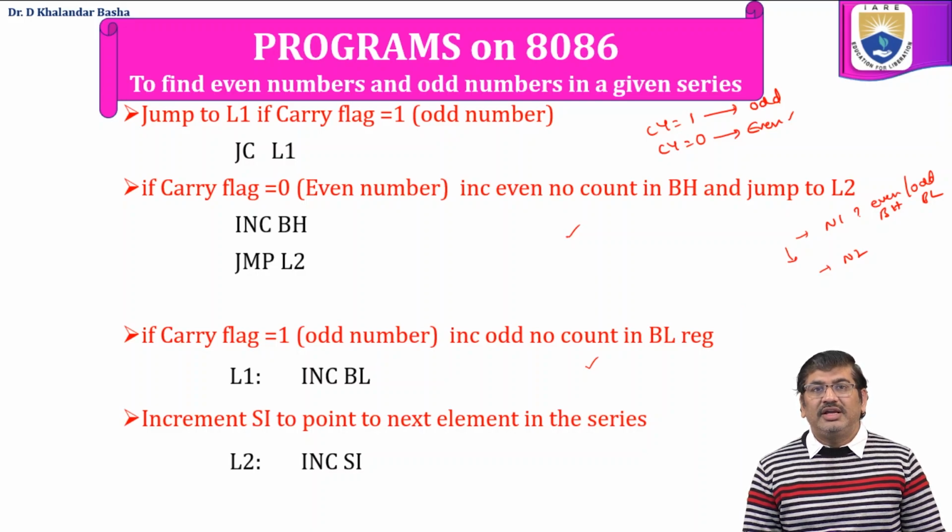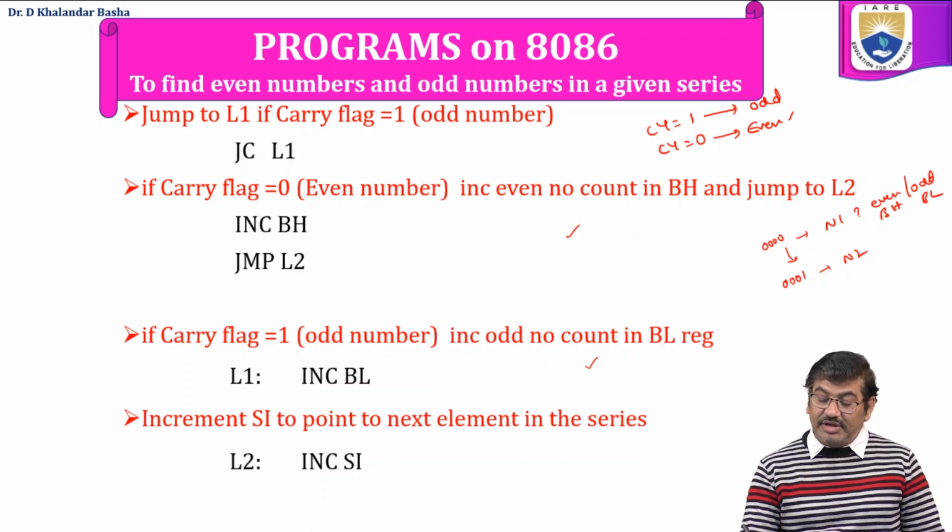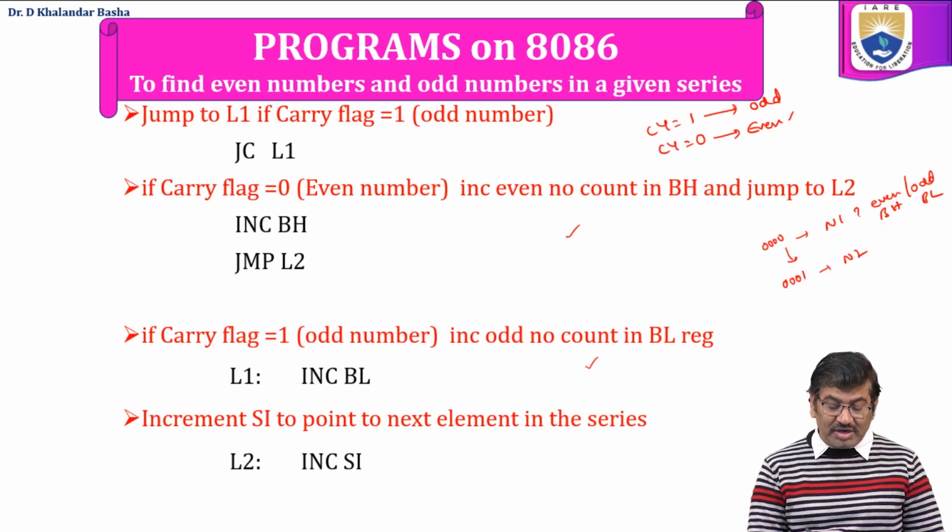Why we are incrementing is because the address for N1 is 000 and the size of data we are considering is only 8 bits. So one memory location is reserved for N1. The next memory location, that is 001, is for N2. So we have to increment this address by 1. For that we write the instruction INC SI.